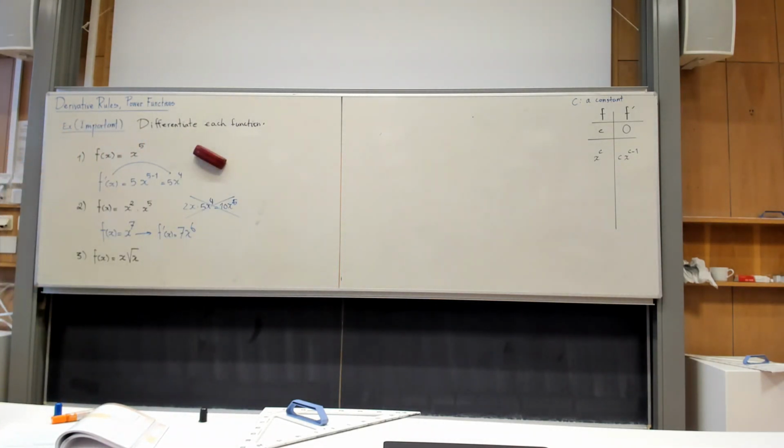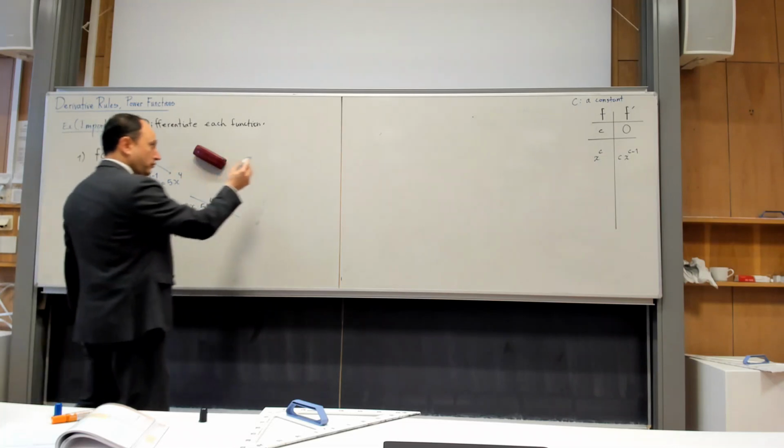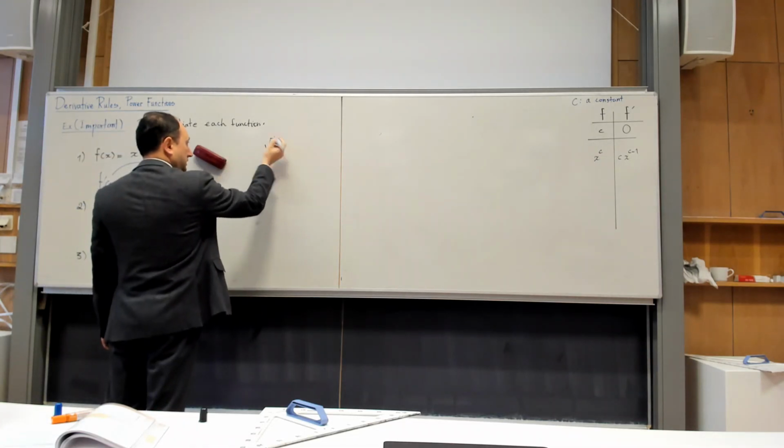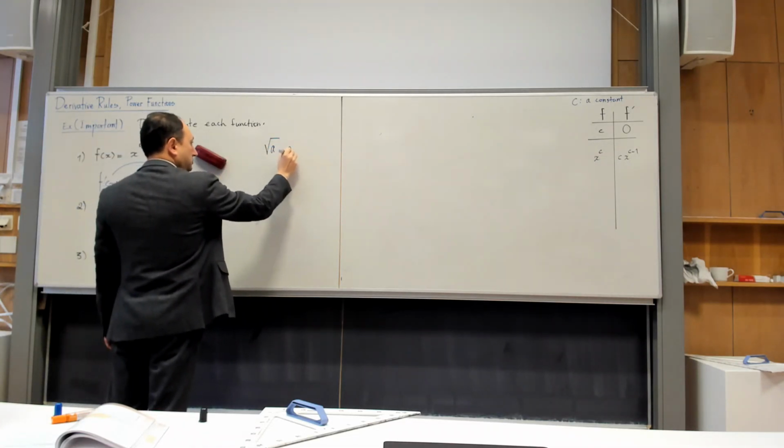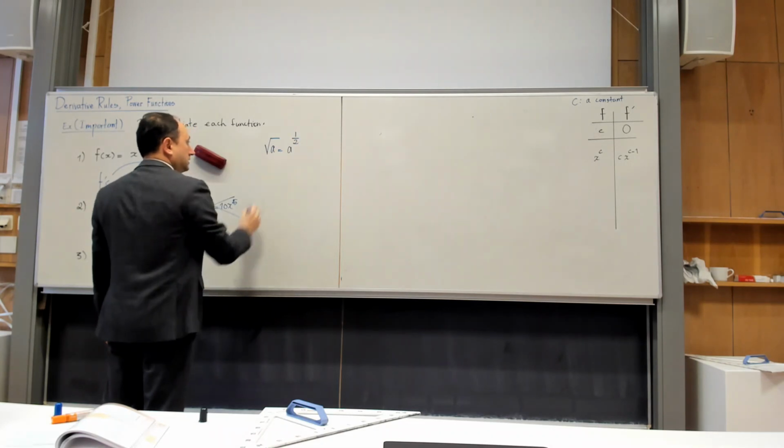Yes, Rocco? Yeah, you can rewrite square root of x as x to the power of 1/2, and then you can just add 1 plus 1/2. Exactly. So those are the formulas involved. Let me write them. I really want you to memorize them. That's not hard.